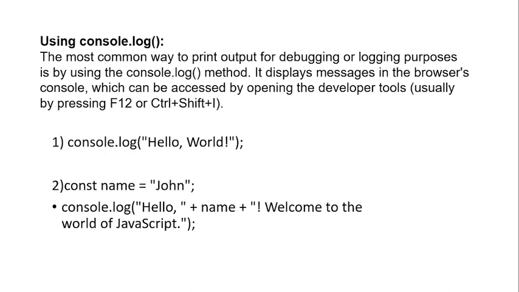Inside, there are two strings: one is hello, and the next is welcome to the world of JavaScript. I am going to concatenate them with the value John, which is stored in the variable called name. So hello concatenated with name will be the output. The output is: Hello John, welcome to the world of JavaScript. This is the output printed once we use console.log.